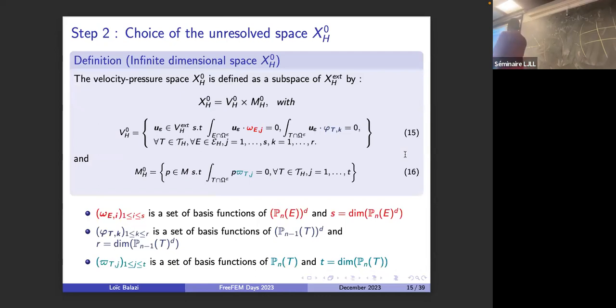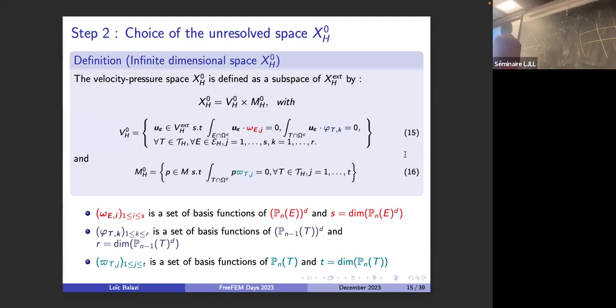So for the unresolved space, it is an arbitrary choice. We define our space like this, VH0 for the velocity and then MH0 for the pressure. So for the velocity, we take the velocity in VH extended, but now we consider that the moment of order n against the face is equal to 0, and the moment of order n minus 1 on the element is equal to 0.